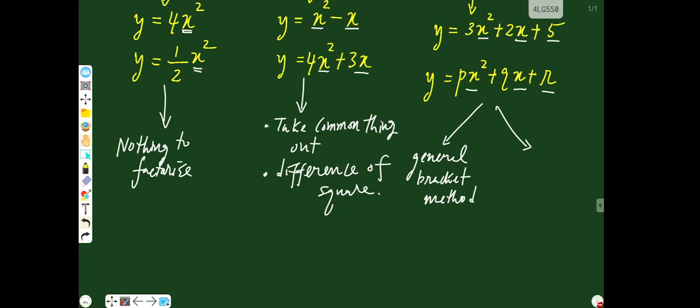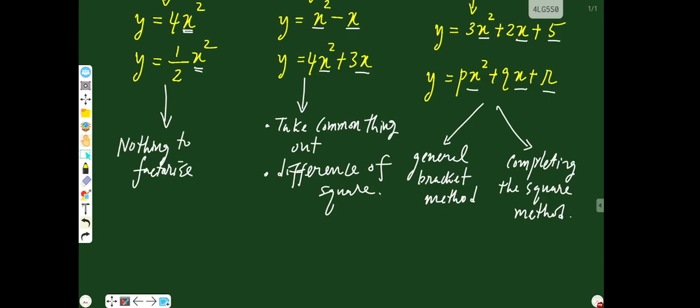The second type would be the completing the square method. Now we will discuss the general bracket method first.